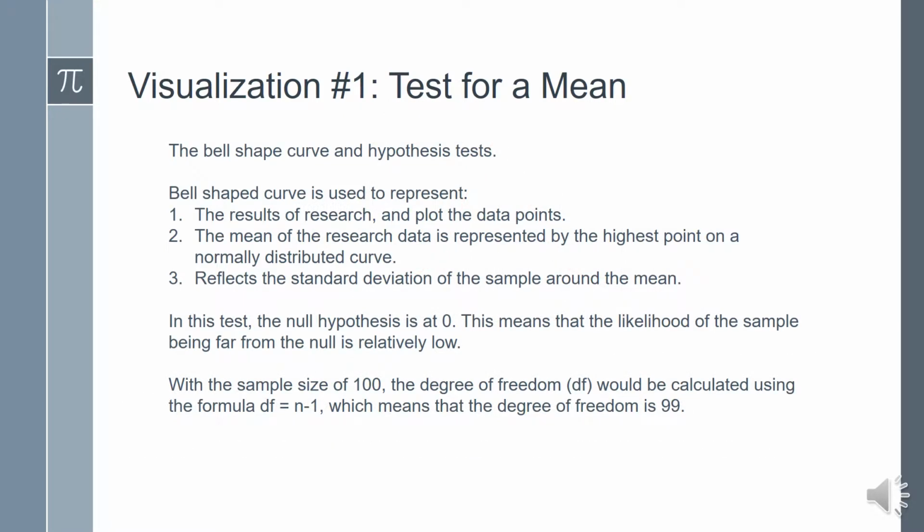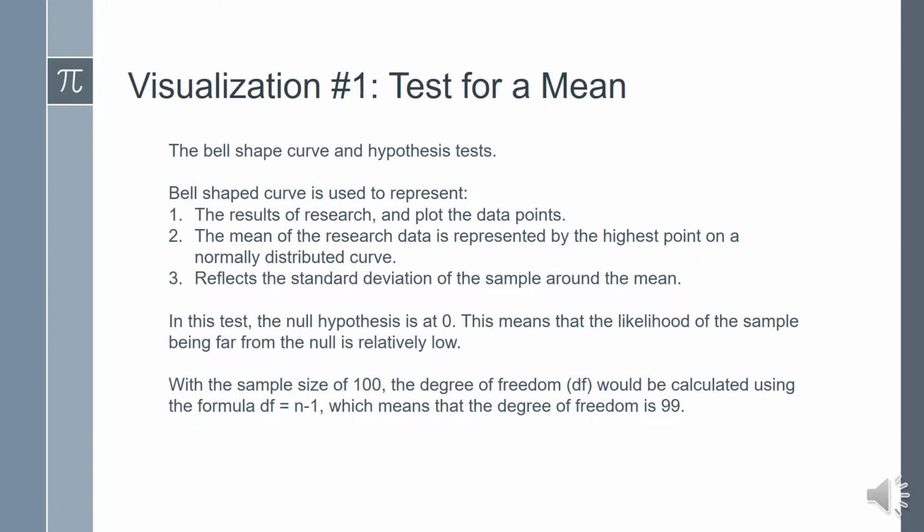The bell-shaped curve, as displayed in the graph on the previous slide, is used to represent the results of research and plot the data points. It is also used as the mean of the research data is represented by the highest point on a normally distributed curve. It reflects the standard deviation of the sample around the mean.